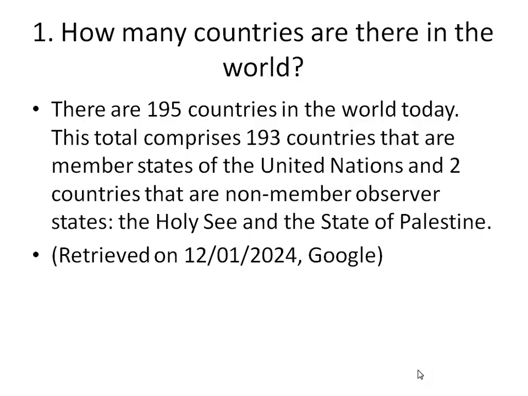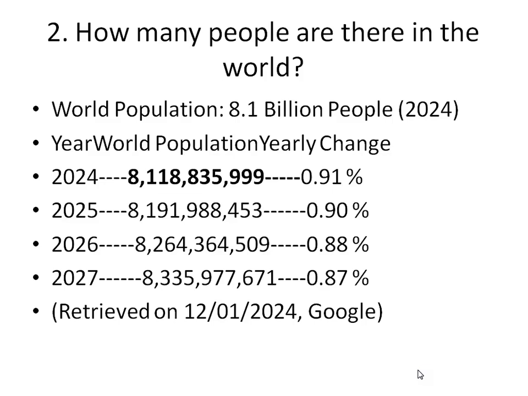That information was retrieved from Google in 2004. And how many people are there? As I have said, there are more than 8 billion people living in this world. 8 billion, that means 800 crore.